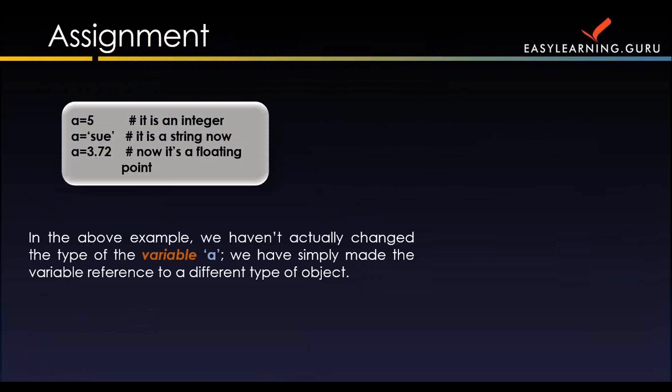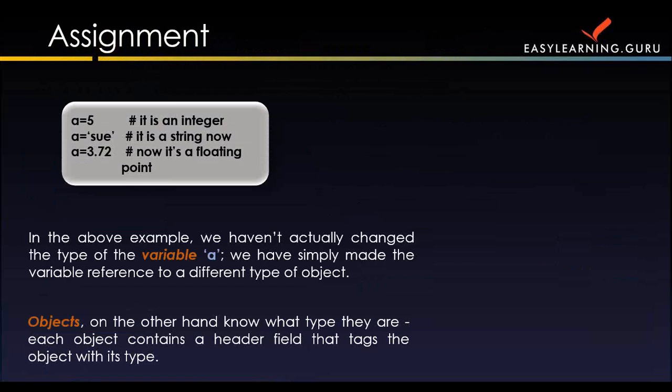Objects, on the other hand, know what type they are. Each object contains a header that tags the object with its type. For example, the integer object 5 will contain the value 5 plus a designator that tells Python the object is an integer. The other header field is the reference counter.